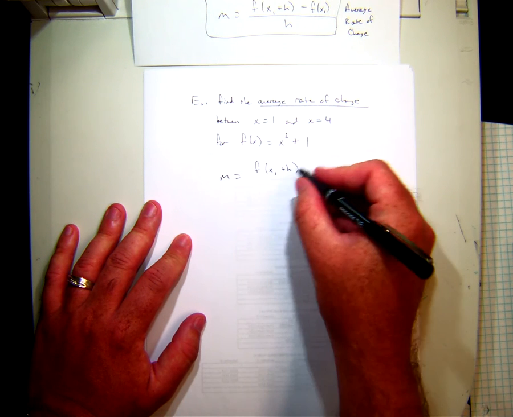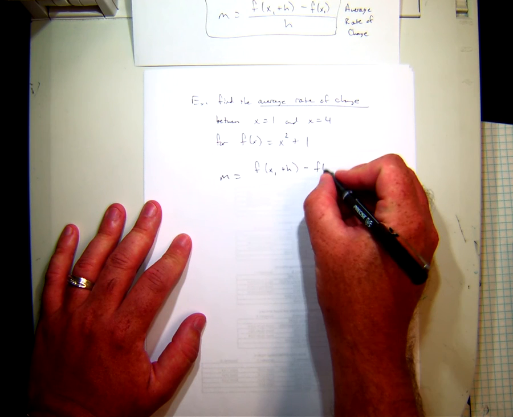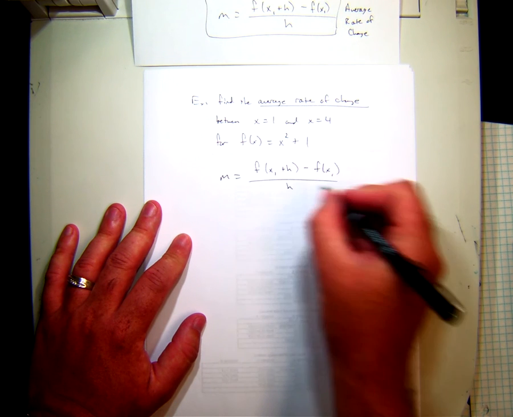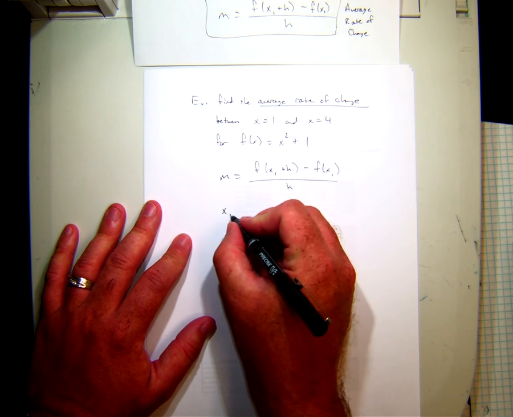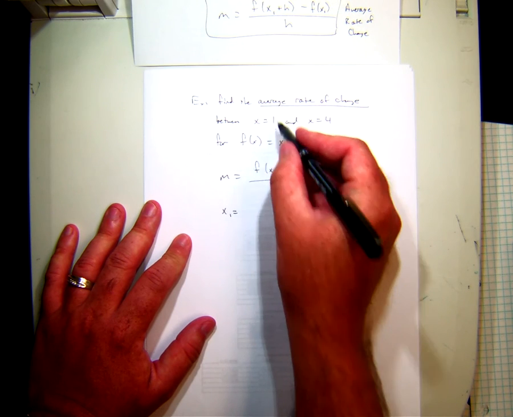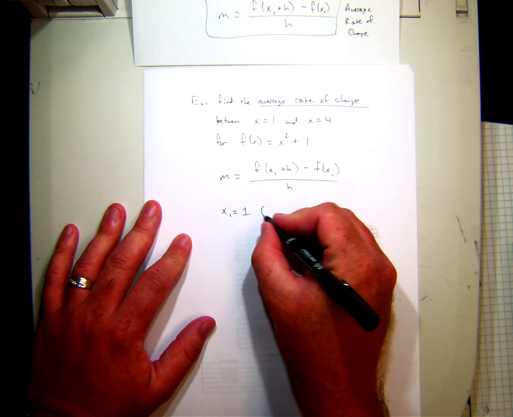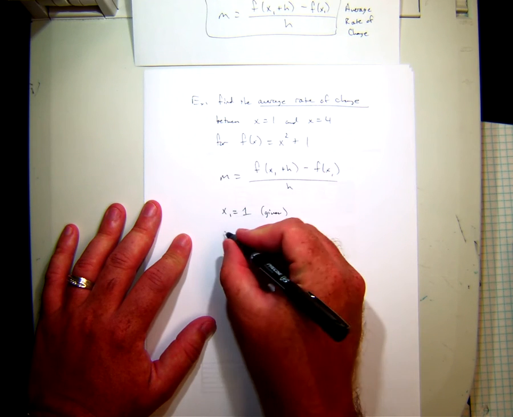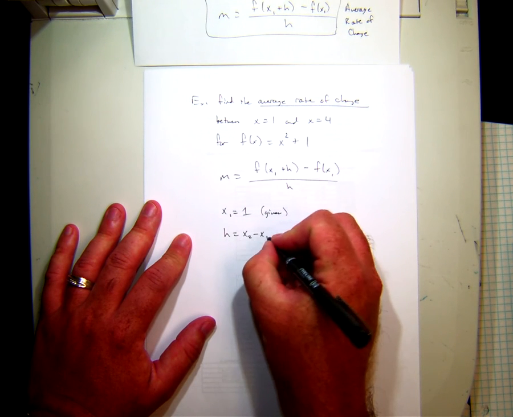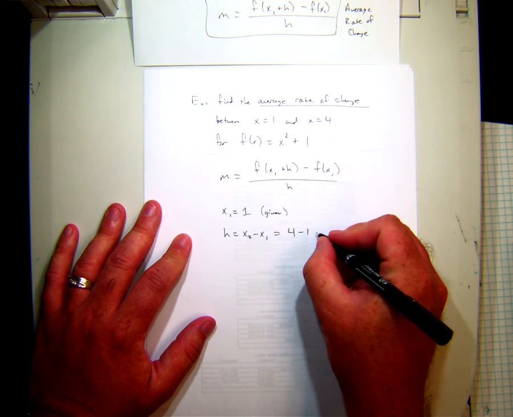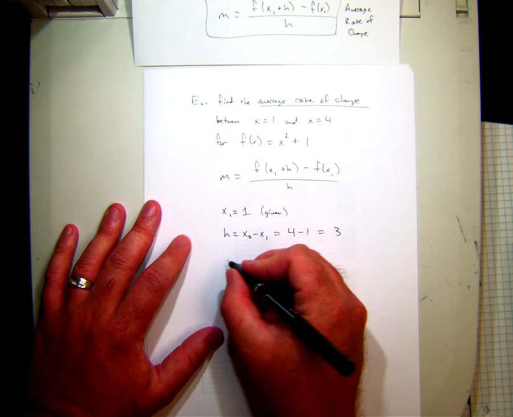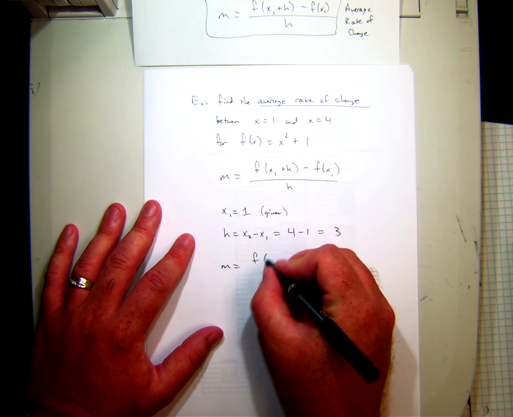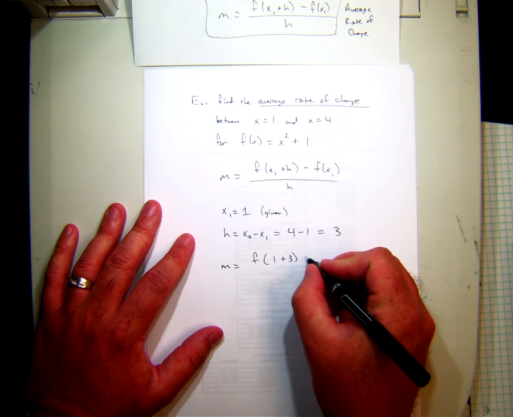M is equal to f of x1 plus h minus f of x1 all over h. Now we've got to find out what all this stuff is. Well, luckily they told us what x1 is. x1 is our first x value. That's given. Now h is x2 minus x1. For this problem, that's 4 minus 1, or 3. Now we can plug in to this formula everything that we were just told.